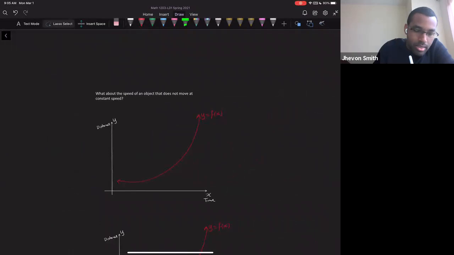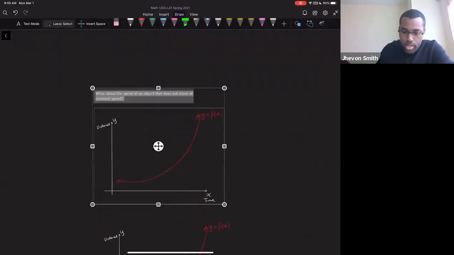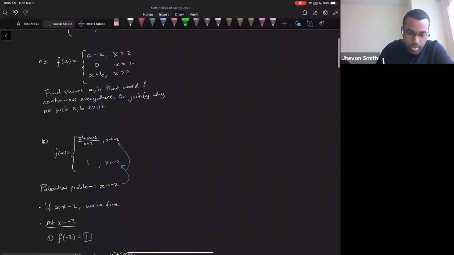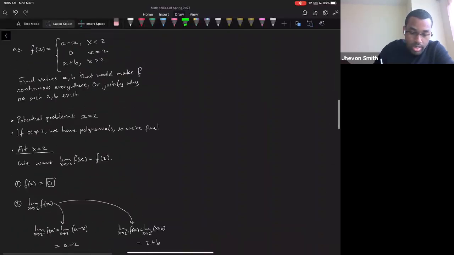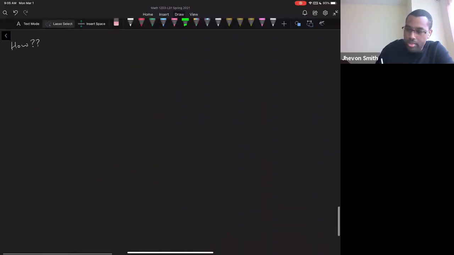So again, let's start out a little bit simpler. I am going to just talk about an object that's moving according to this random graph that I have here. This one is not moving at constant speed. As you can see, it's curved.